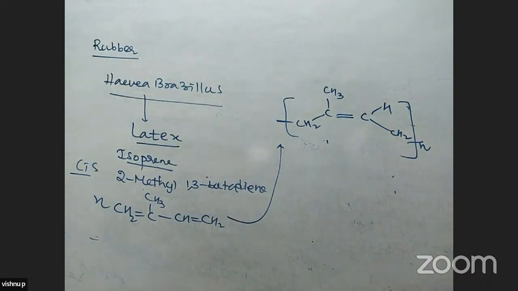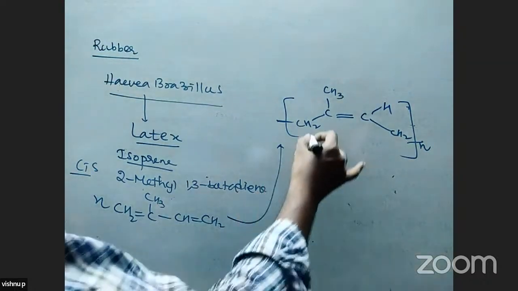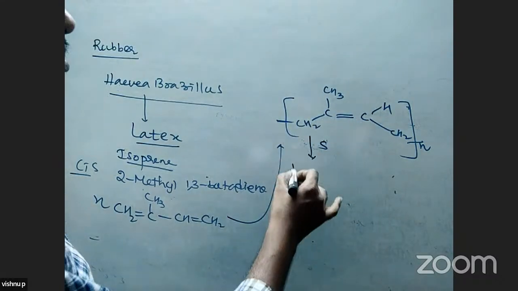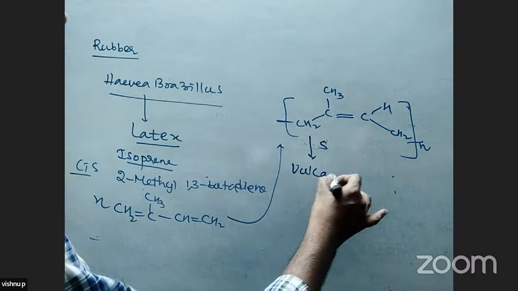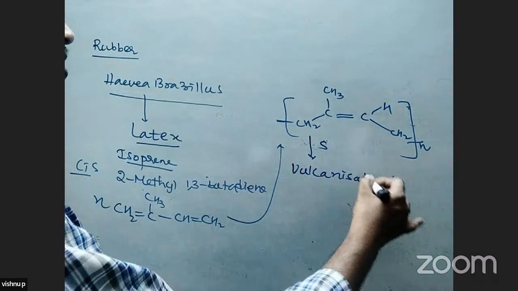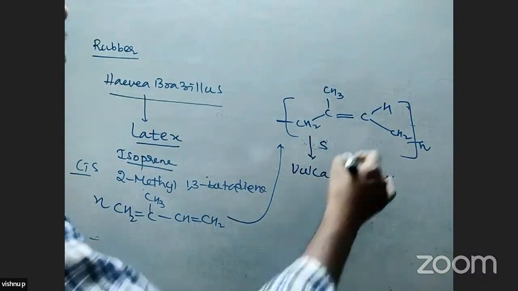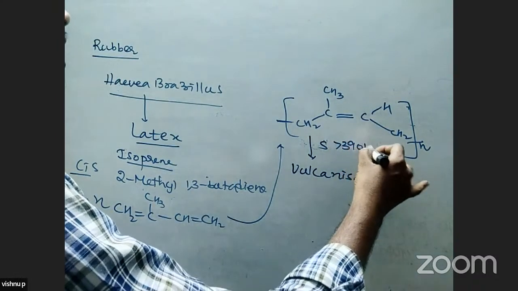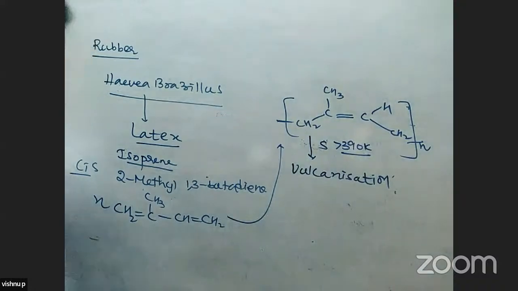It is fused easily. To prevent this, we add sulfur. That process is called vulcanization. We maintain a temperature of more than 390 Kelvin, and then sulfur is added.